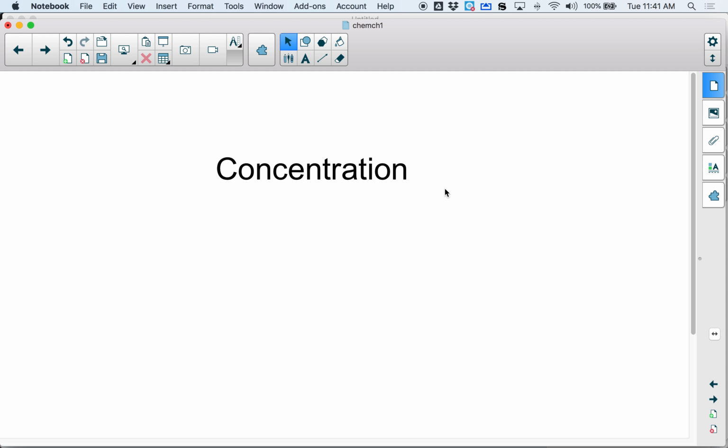Now we're going to talk about how spectrophotometers work, but first we got a concept that we got to learn, and that's concentration.